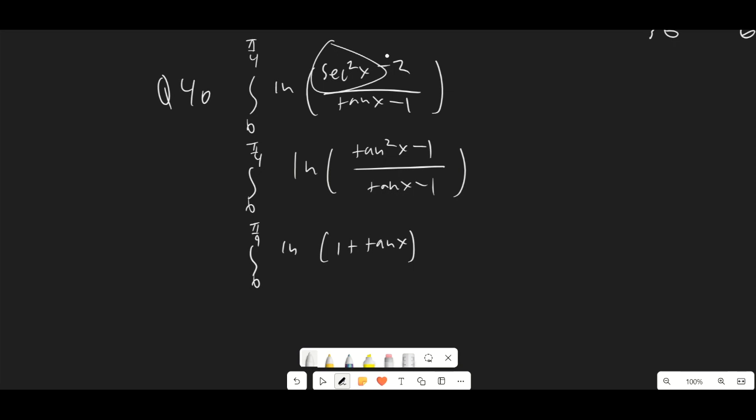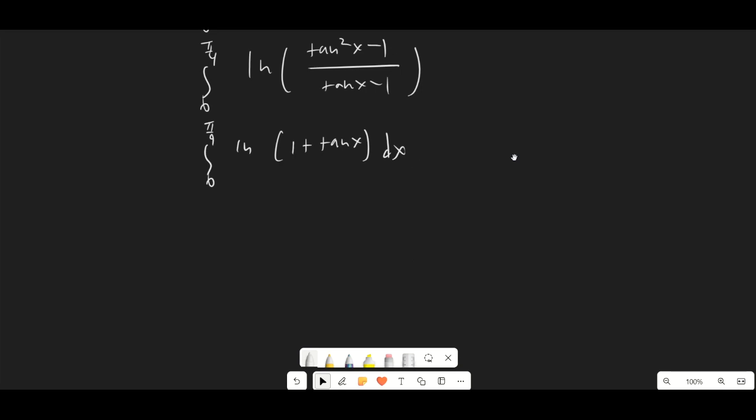And now in order to solve this, we're going to use King's property. So note that using the angle addition formula, we get that tan of pi over 4 minus x equals 1 minus tangent x over 1 plus tangent x. So once we do King's property, this is I, right?